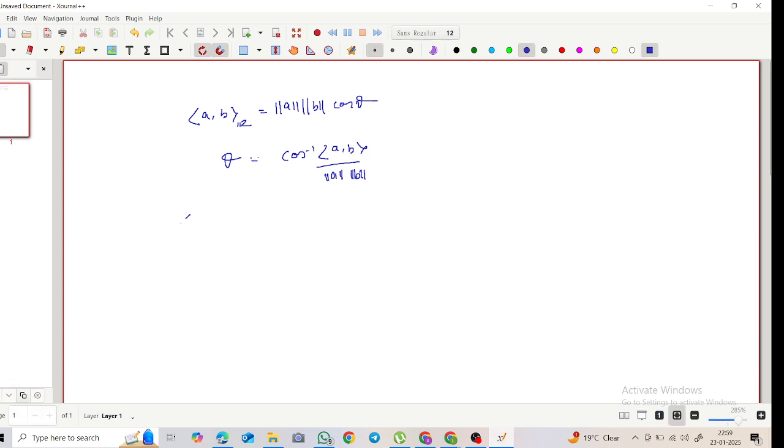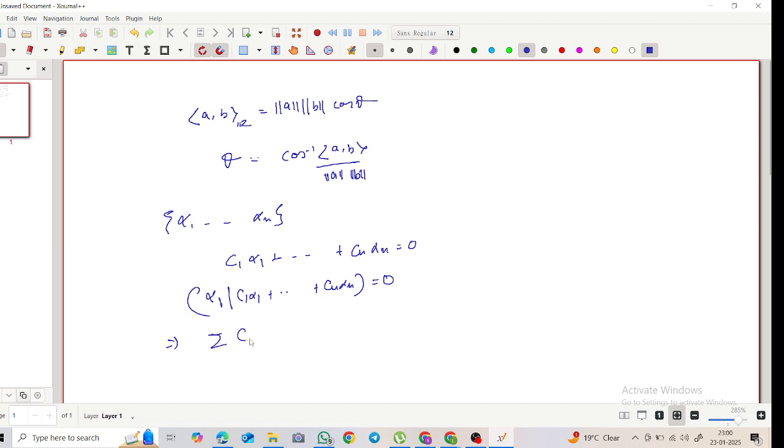Suppose alpha 1 to alpha n is a set of orthogonal vectors. You choose c1 alpha 1 plus up to cn alpha n. This is a linear combination. Now, what will you do? Just take the inner product of this with alpha 1. So, summation of Ci alpha i inner product alpha 1, I running from 1 to n.